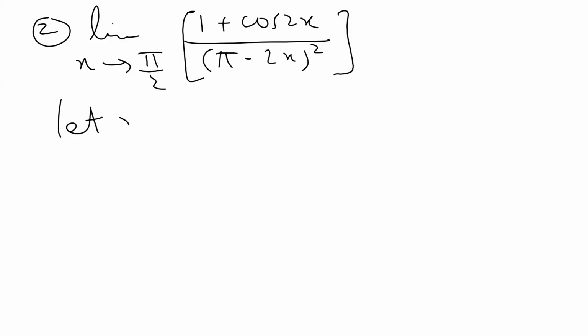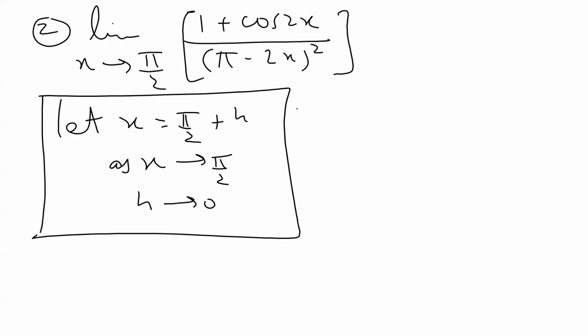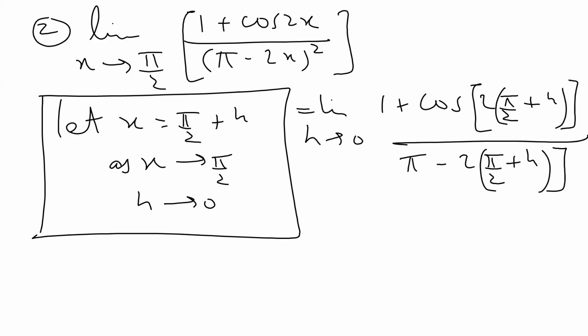So let x is equal to pi by 2 plus h. As x approaches pi by 2, h will approach 0. We're changing the limits using RHL. Limit h approaching 0, 1 plus cos 2 pi by 2 plus h upon pi minus 2 pi by 2 plus h the whole square.